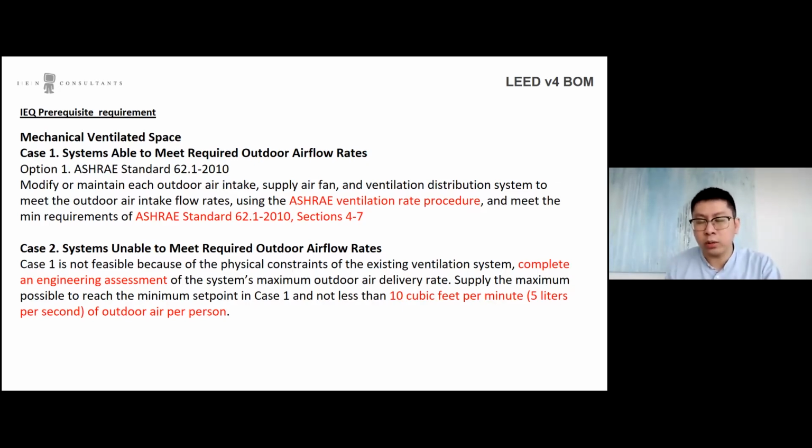But in order to comply with case 2, you have to submit an engineering assessment to tell LEED that the current system is not able to meet. So the advice is to go for case 1, because for case 2 LEED will question a lot. They will ask you to prove this and that. It's harder to justify case 2. So if possible, go for case 1.